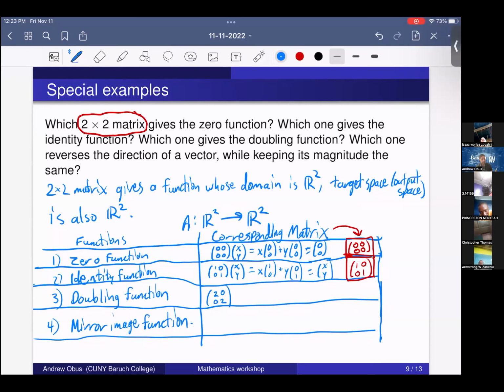So what we do is take the matrix which is like the identity, but multiply everything by 2, right? So 2002 times xy is going to be x times the first column, which is 20, plus y times the second column, which is 02. And this is going to give us 2x and 2y.